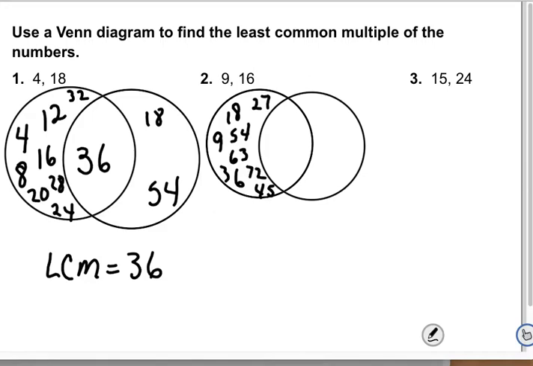What about 16? What's the multiples of 16? Well, we all know 16. Do we agree? Yeah.